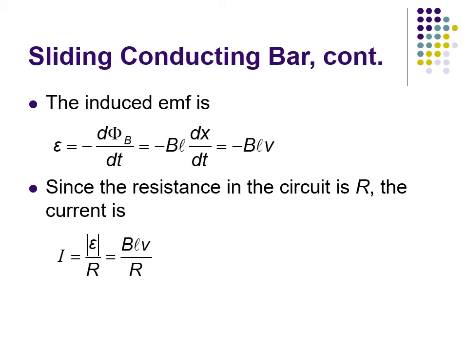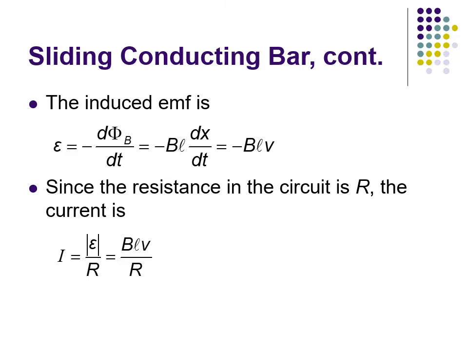So again, the induced EMF is going to be B times the change in the area. The area is L times, or length, what we call length would be the distance between the rails, and then the change in x over time, which dx/dt would just be velocity.